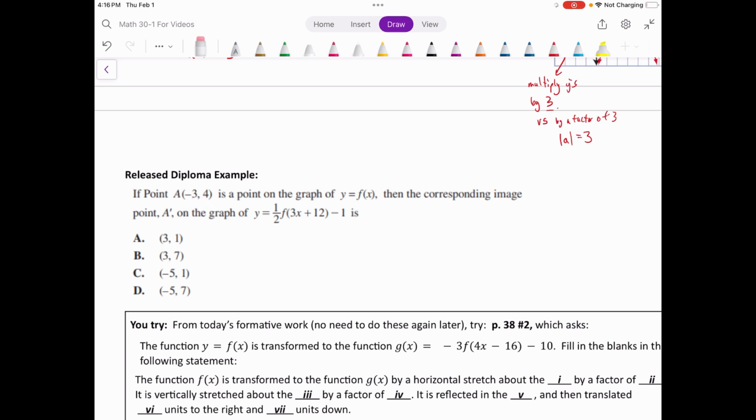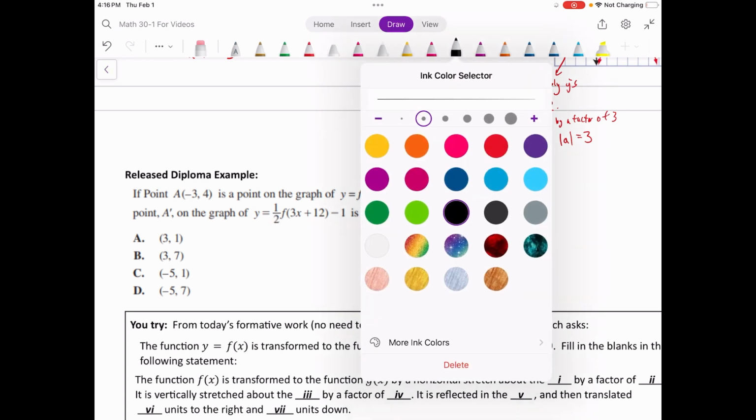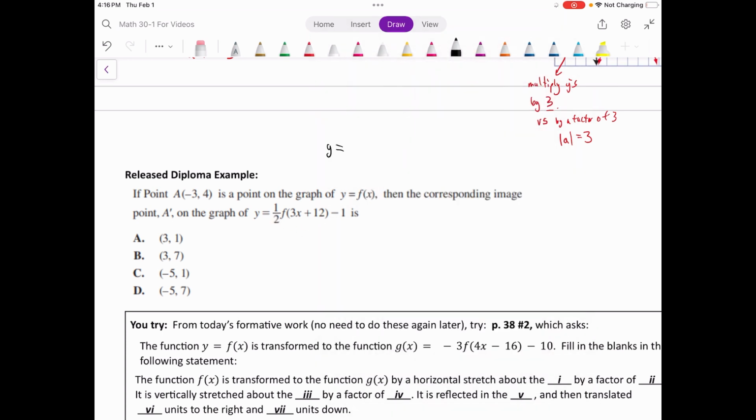So let's start at the beginning of what we just laid out, right? Can we interpret function notation to pick out a, b, h, and k? Well, function notation is given on your formula sheet. It's y equals a f of b times x minus h plus k, right?